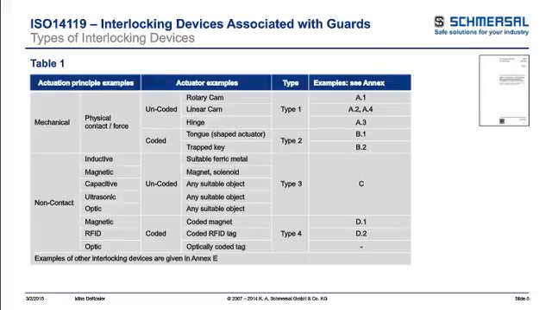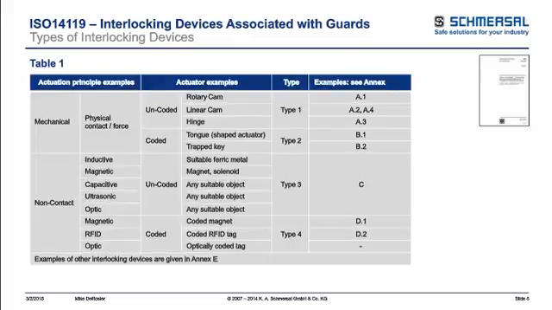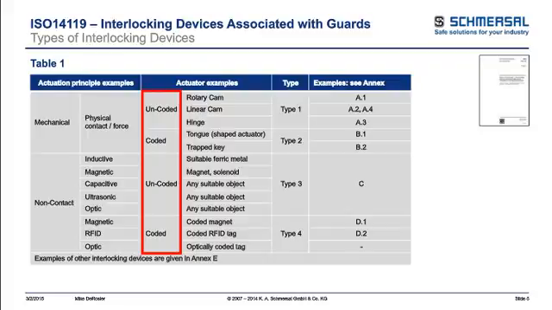Now, when we look at the actual standard, it has a table that talks about the different types of switches. You have mechanical and non-contact, and different types of technologies revolved around that. Uncoded and coded, that you see highlighted in that red box there, and we'll talk a little bit about that.